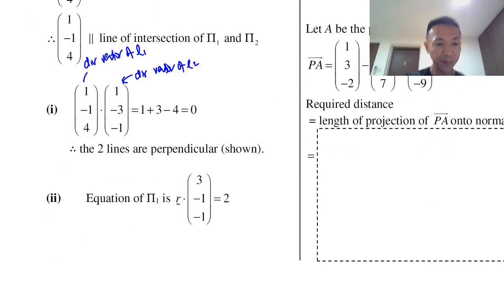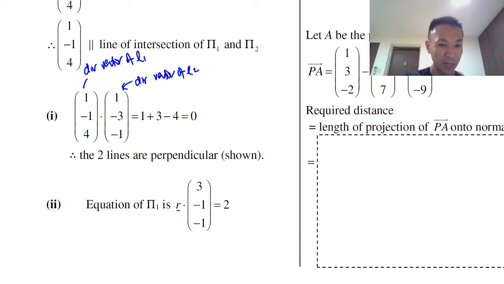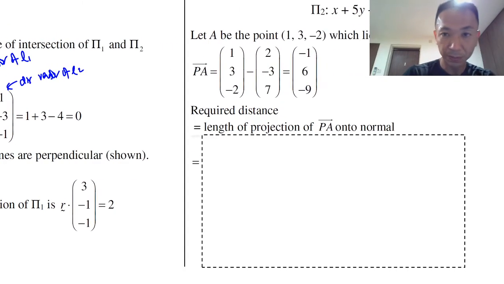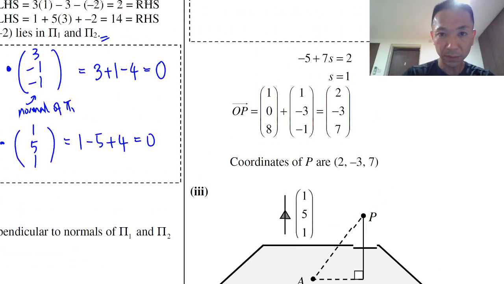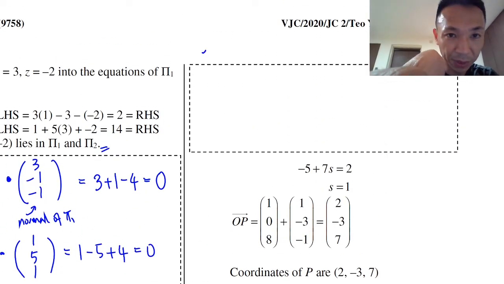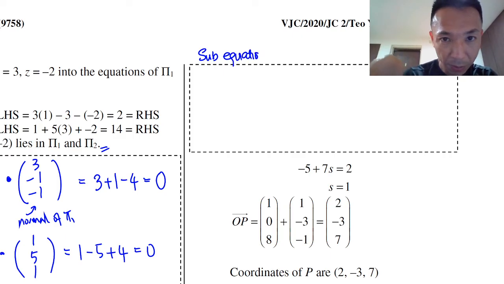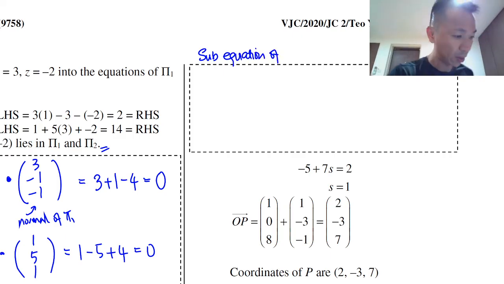Okay, let's deal with part 2. To find the intersection between a line and a plane, all you need to do is to substitute the equation of L2 into pi 1. What is the equation of L2?